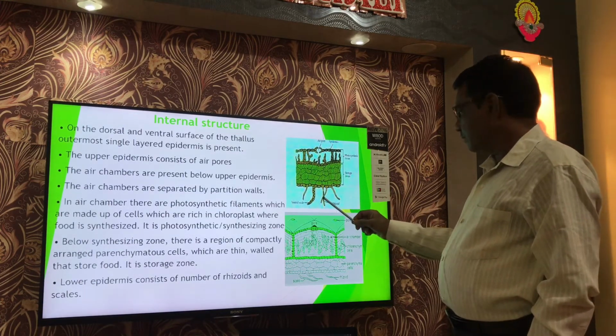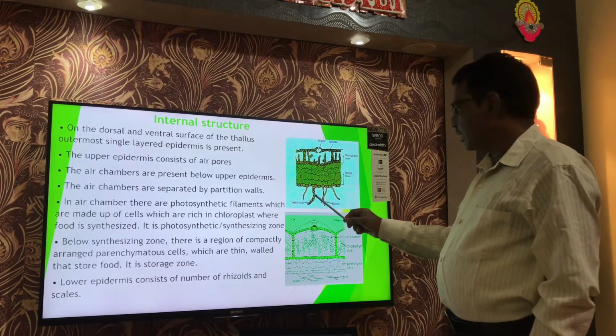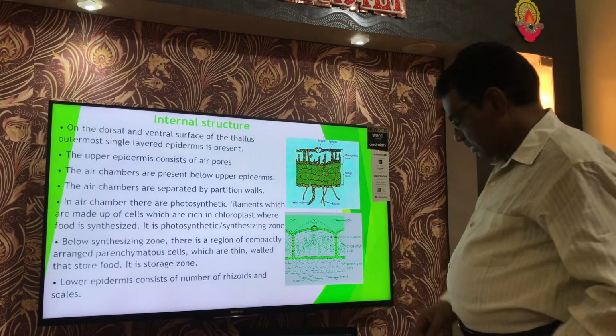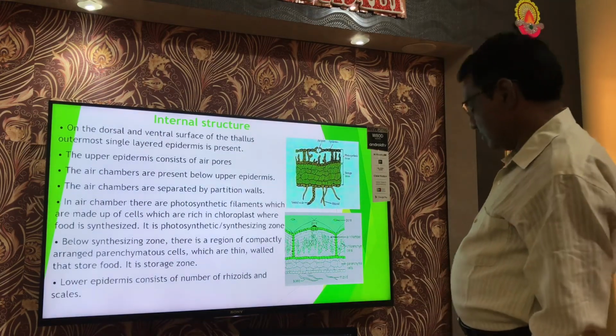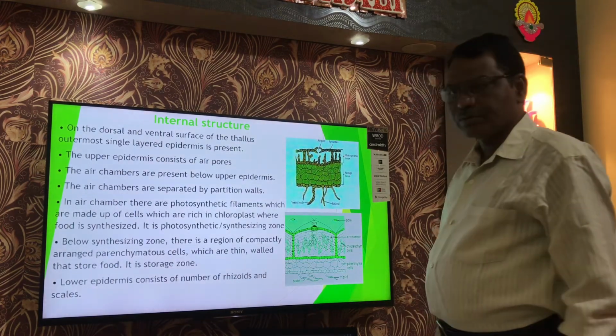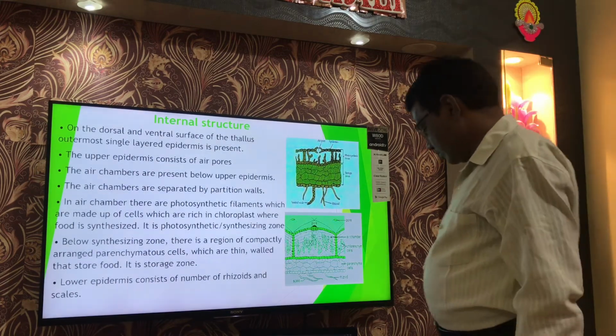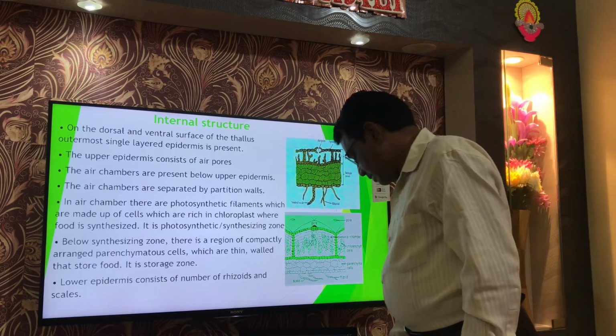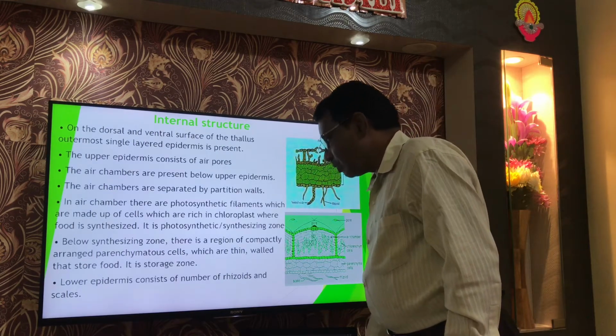I have told you the function of rhizoids is like a root, and scales present on the ventral surface usually perform the function of attachment, give protection, and also help in the transport or conduction of water from soil to the thallus.